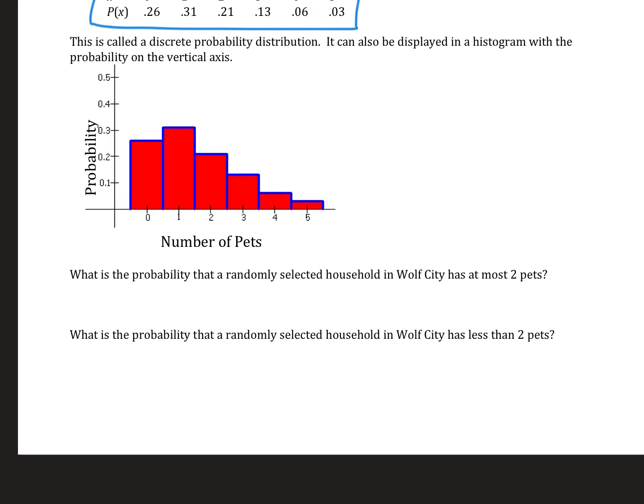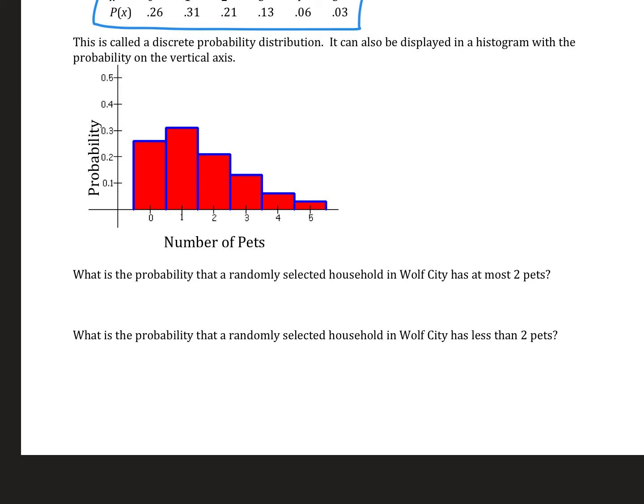All right, so we have a couple pretty easy questions. This lesson is just showing you the basics, and then for your homework you'll have slightly more challenging applications of these concepts. All right, so what is the probability that a randomly selected household has at most 2 pets? It's really important that you read the wording carefully. At most 2 means 2 or less.